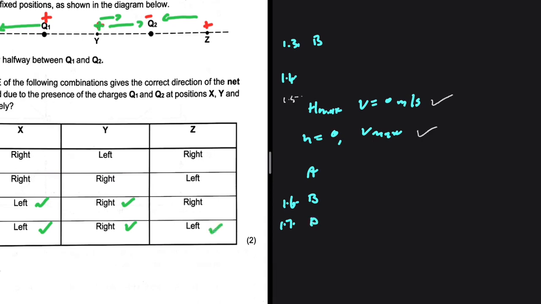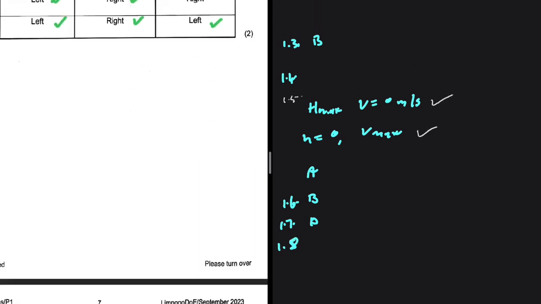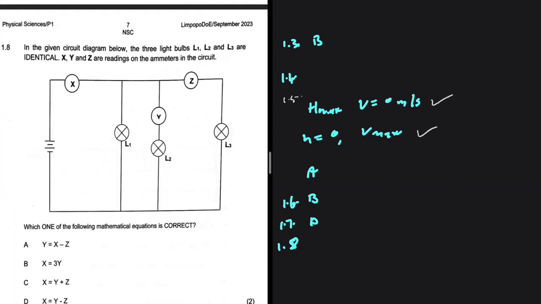Let's go to 1.8. In the given circuit diagram below, the three light bulbs L1, L2, and L3 are identical. X, Y, and Z are readings on the ammeters in the circuit. Which one of the following mathematical equations is correct? Let's do some analysis.